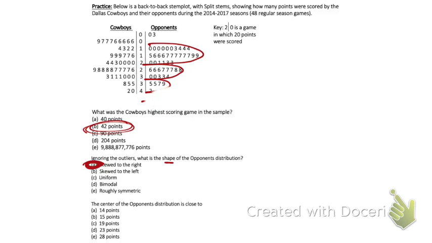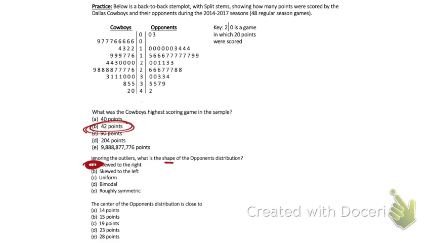The center. What is the center of the opponent's distribution? I'll give you a second to get there. On this one, you know that there are 48 values, so you could just count to the 24th value. That would work too.